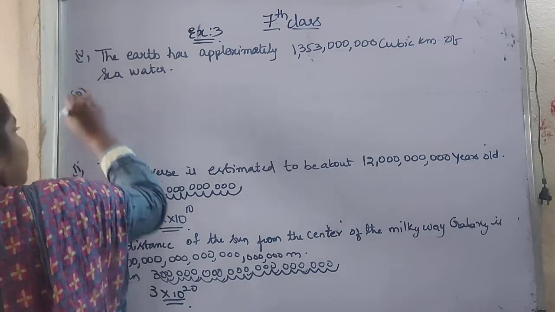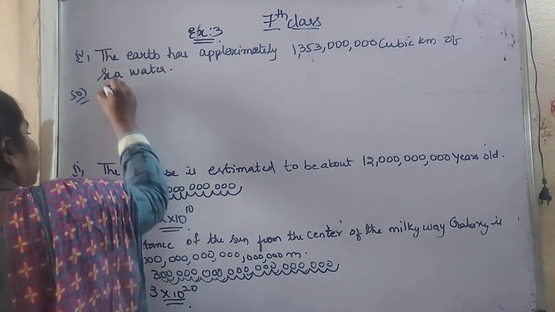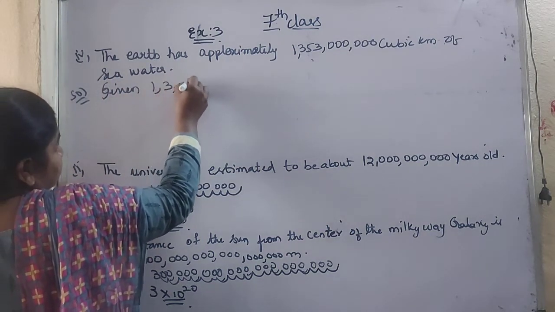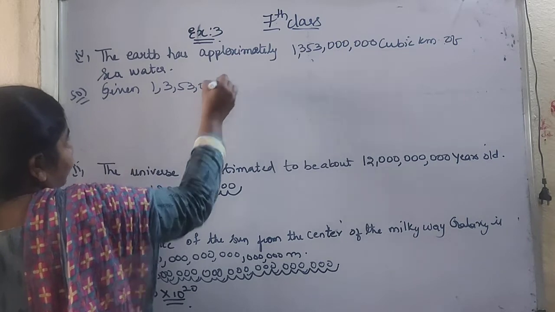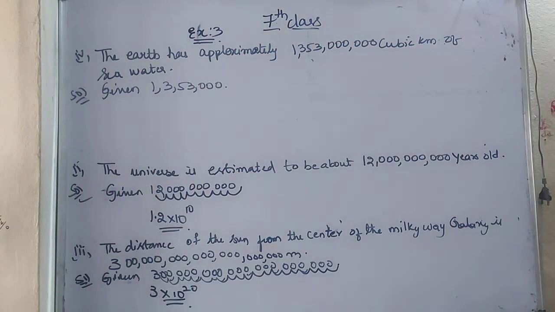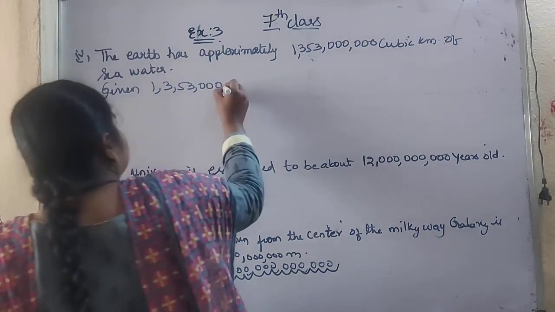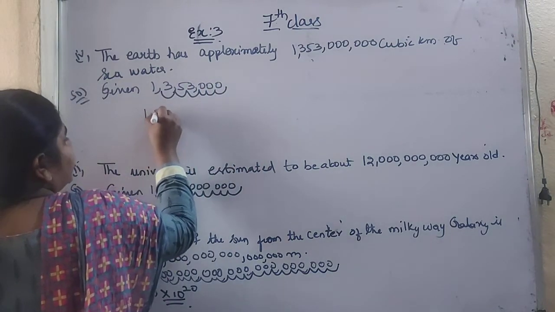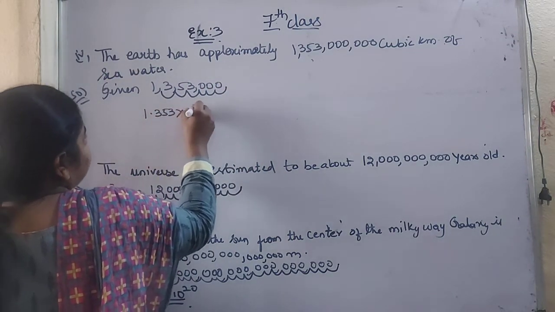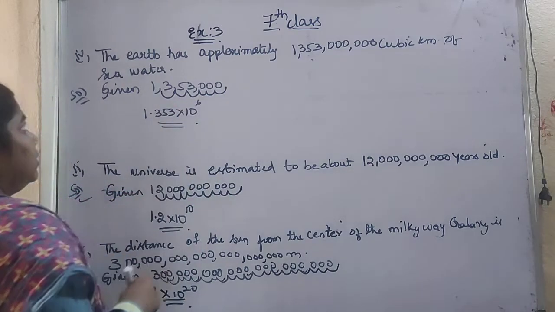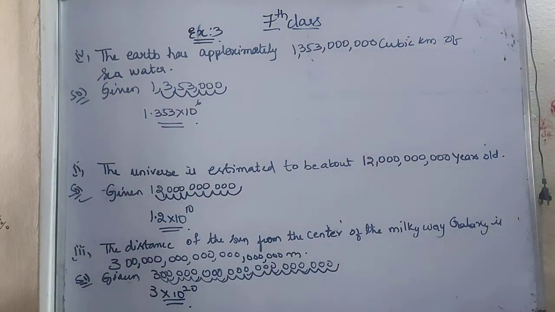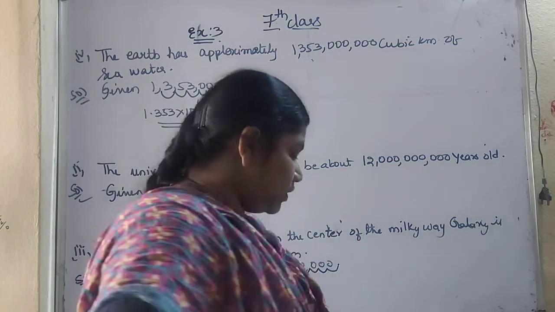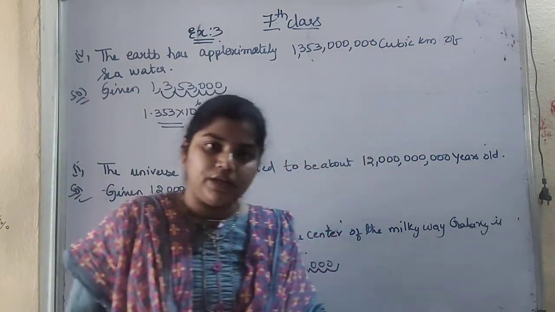So we have to convert this into standard form now. Where is the point? At last. So we have to move to the left side. 1, 2, 3, 4, 5, 6. That is 1.353 into 10 power 6 is our standard form. So with this our exercise 3 is completed.